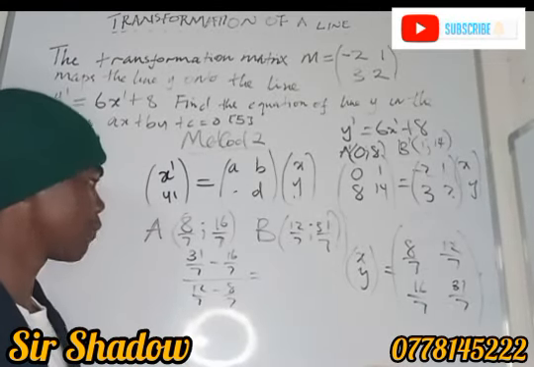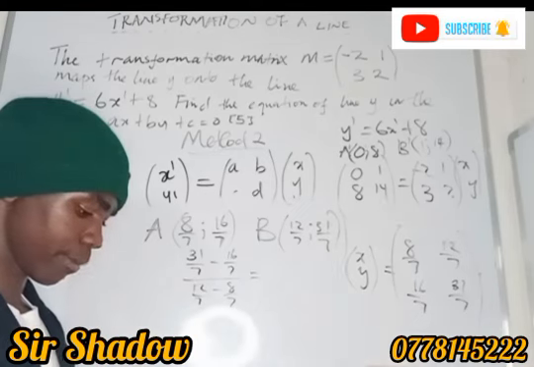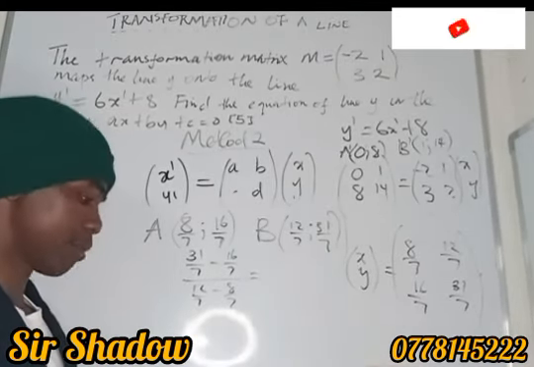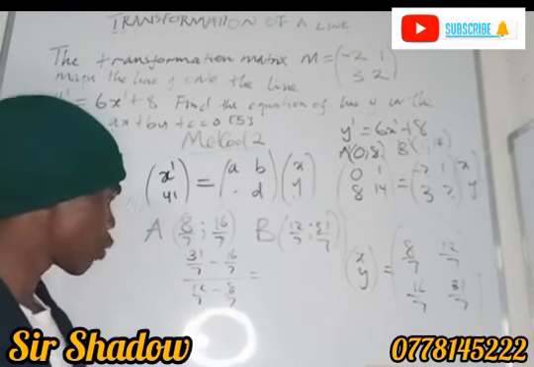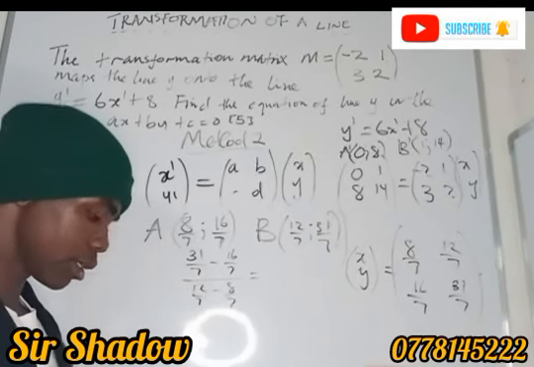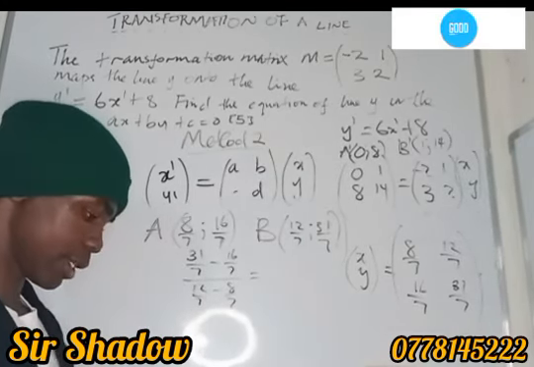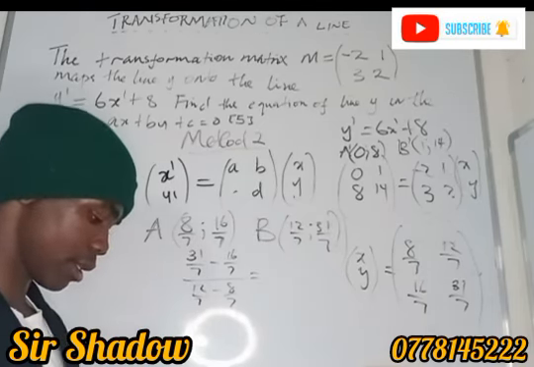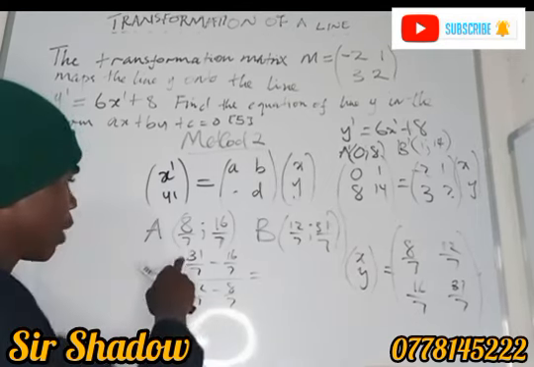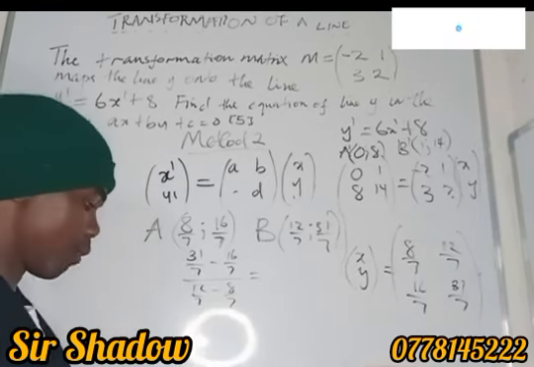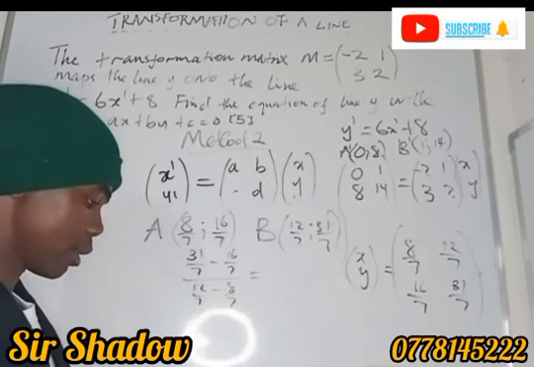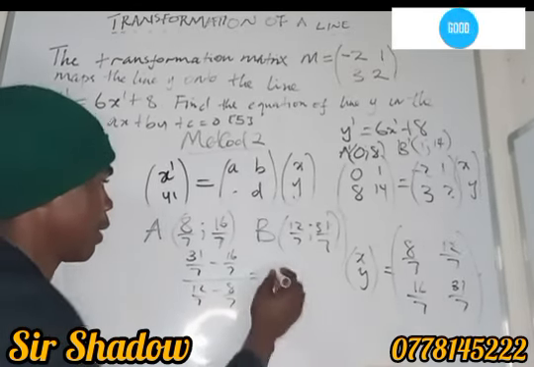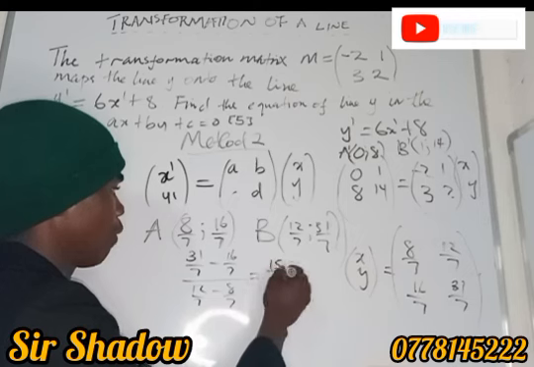Let's avoid some silly errors. So let's make it fast by subtracting using a Sharp calculator. So 31 over 7 subtracting 16 over 7 to obtain 15 over 7.